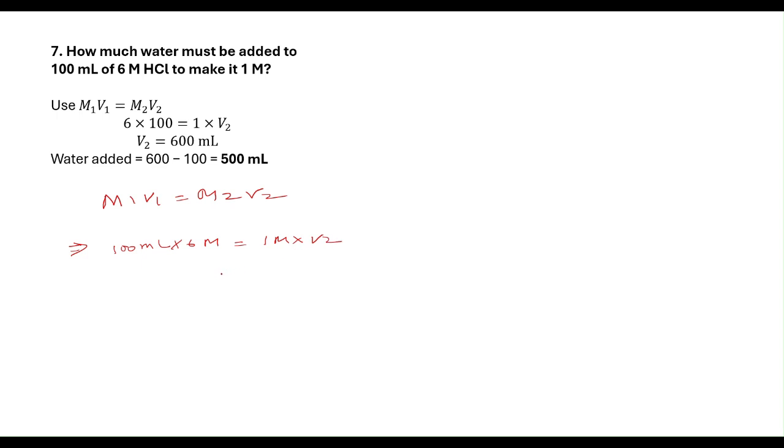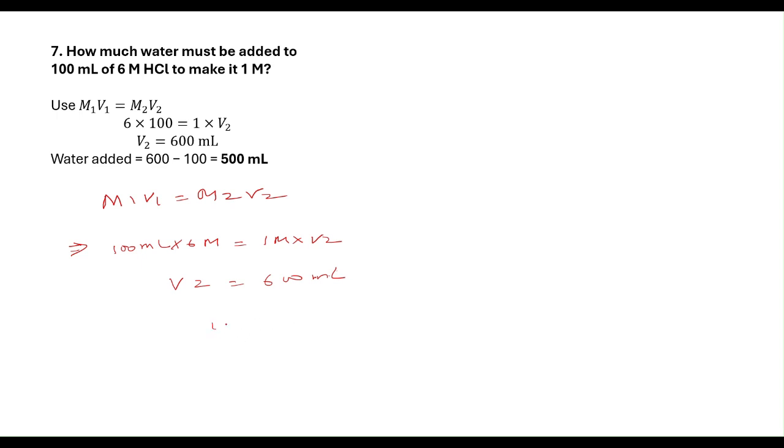How much water is added to 100 ml of 6 molar HCl to make it 1 molar? So 100 ml of 6 molar, and V2 will be 600 ml. So the volume will be 600 ml. That will be the total volume we have to make.